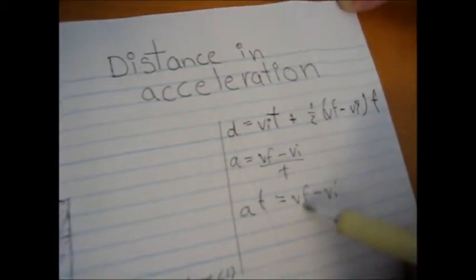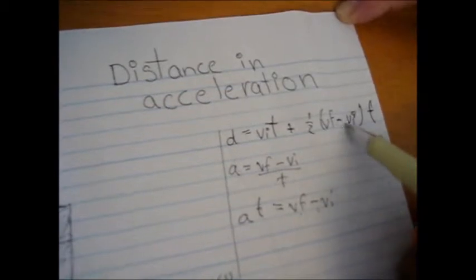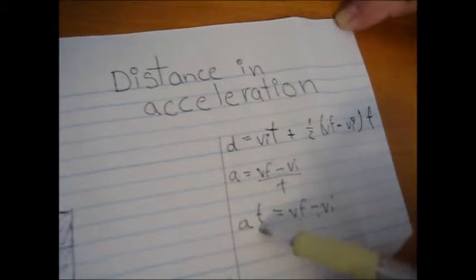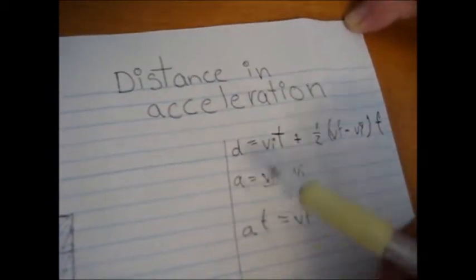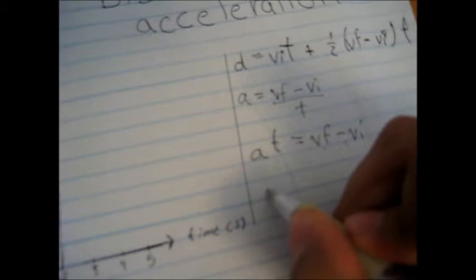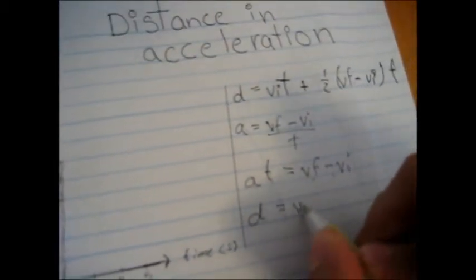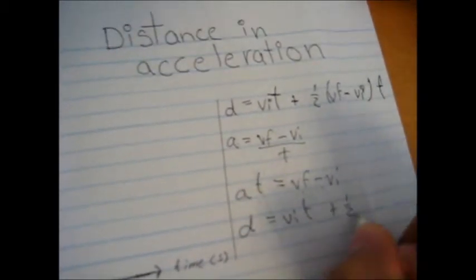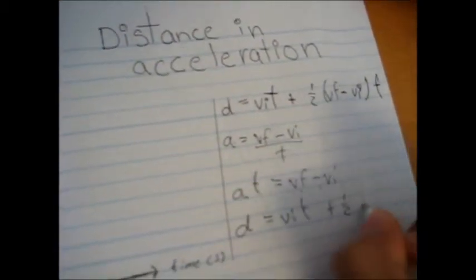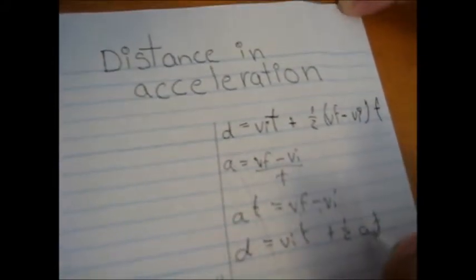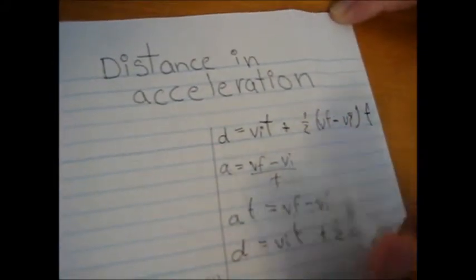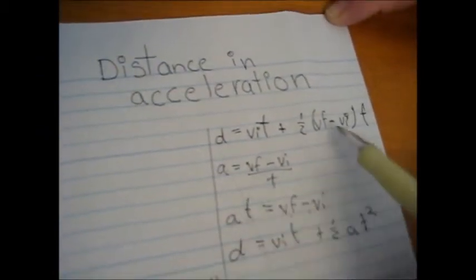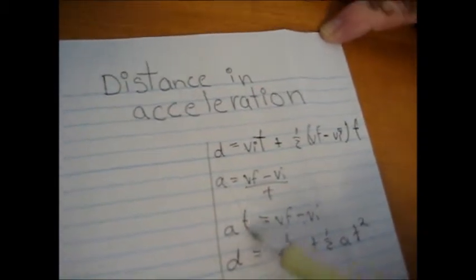So here we can see that final velocity minus initial velocity is the same thing as acceleration multiplied by the time. So we're going to use this, it's much simpler. So we have that distance is equal to initial velocity multiplied by the time plus a half multiplied by AT, and because AT multiplied by T is simply AT squared. So AT times T, AT squared.